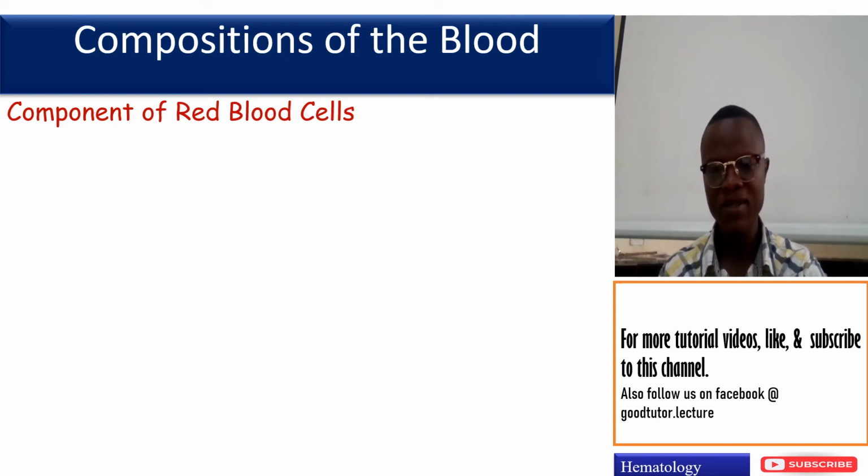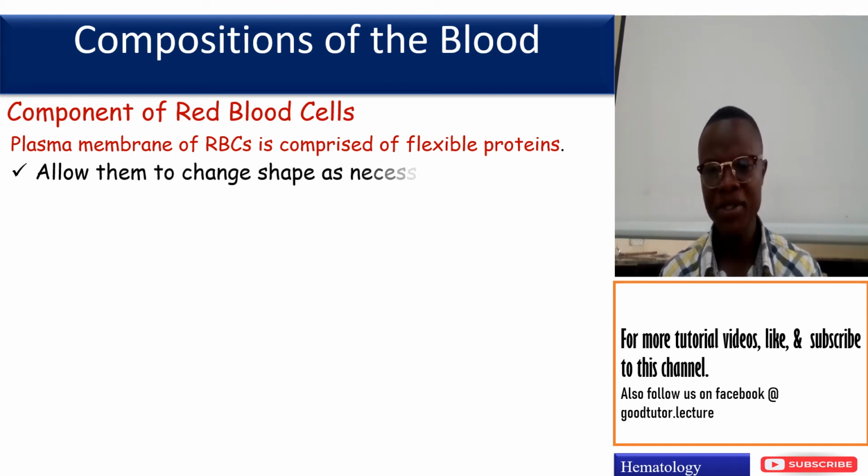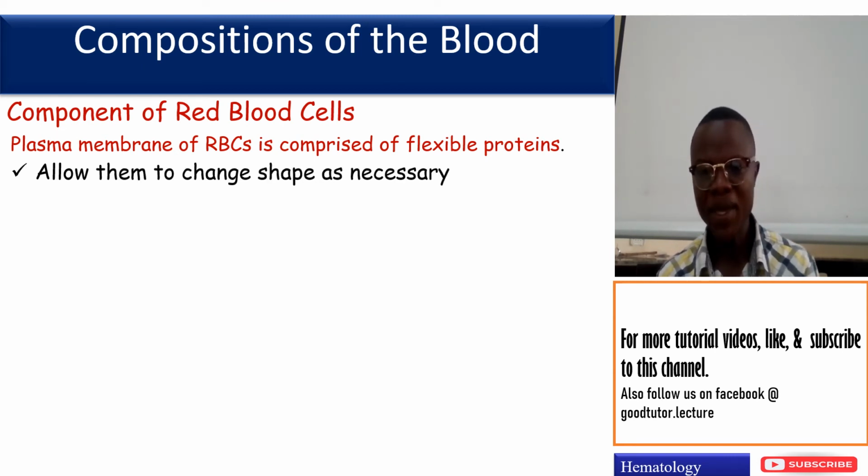Firstly, the red blood cell is enclosed by a membrane, that is the plasma membrane, as in other cells. The plasma membrane that surrounds the red blood cell is basically flexible. So it allows the red blood cells to change shape based on certain conditions they are exposed to.